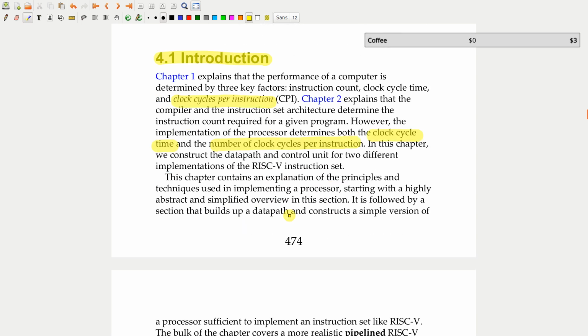So in this chapter, we construct a data path and control unit for 2 different implementations of the RISC-V instruction set. So this is an important thing. This is where computer architecture research really is. We may be limited on things like, okay, maybe our clock cycle can't exceed this, but we can build different pipelines. We can build different control units and data paths that may make some things faster, some things slower, and so we weigh those trade-offs.